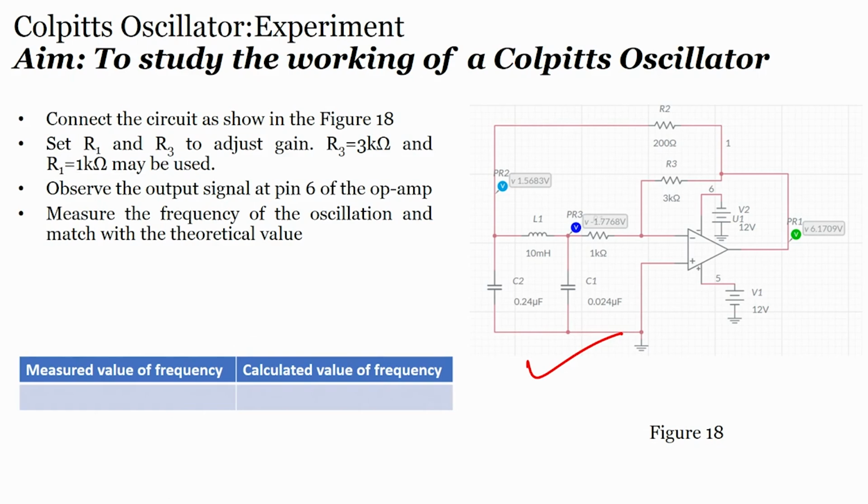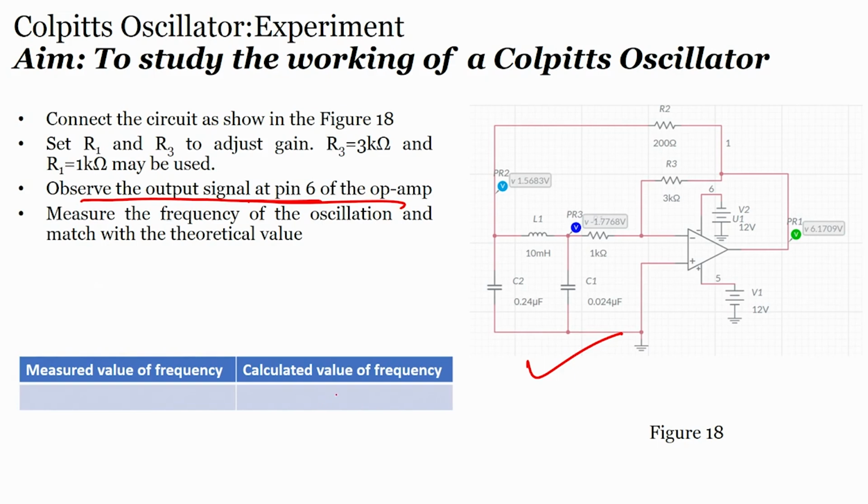R3 equal to 3 kilo ohm and R1 equal to 1 kilo ohm can be used. Then we have to see the output at pin number 6 of the op amp, and then we can compare the measured frequency of oscillation with the theoretical value.